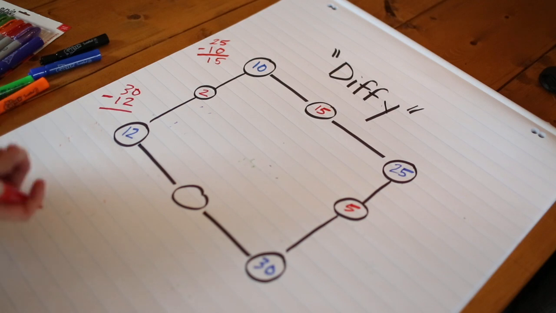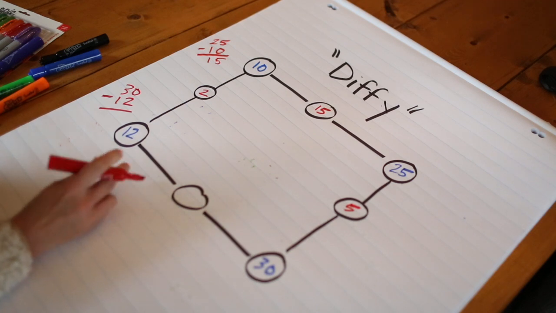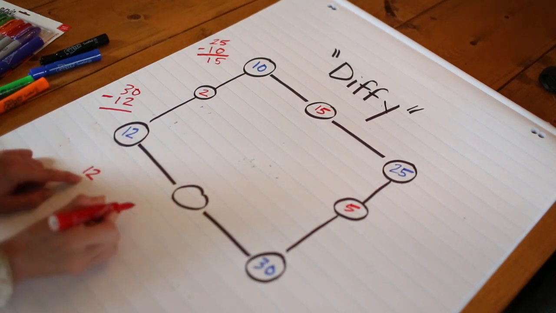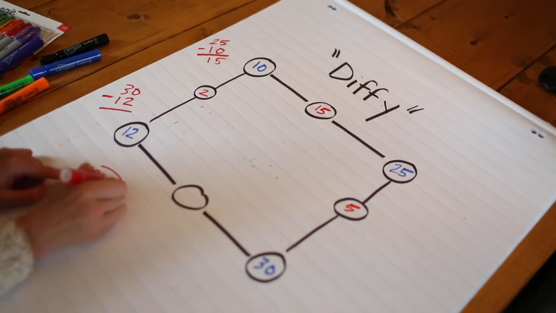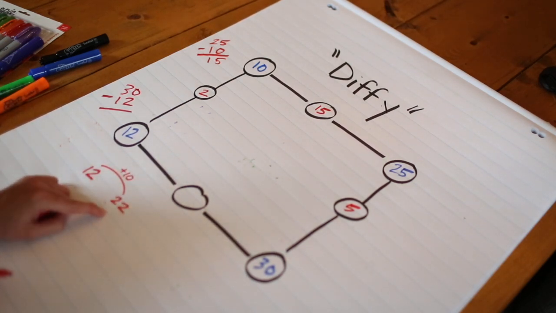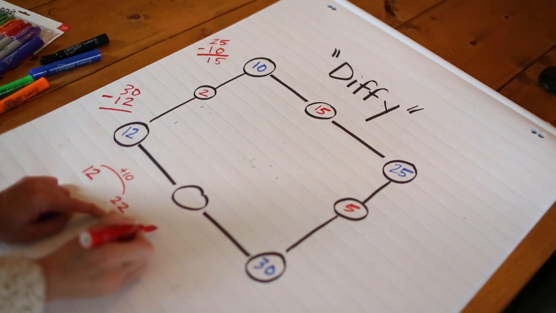I told you before I was more comfortable counting up, so I'm going to start at 12, and I need to make it to 30. To get from 12 to 30, the first thing I might do is add 10, because I can start at a number and skip count by 10, no problem. I can add 10 and I know I'm going to get 22. I could add another 10, but I'm going to land on 32, so that's too much.